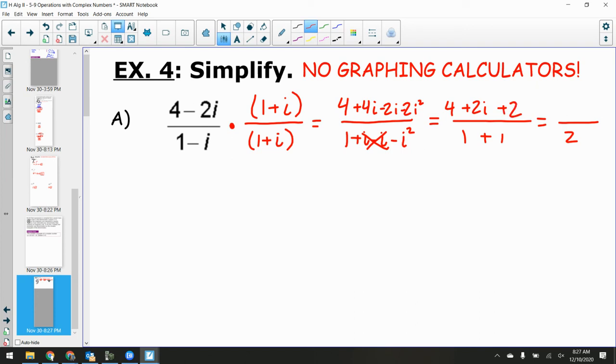Change the sign because it's an i squared. 6 plus 2i over 2. Question? Why is it 1 plus 1, not minus 1? Because this is a negative 1. Oh, it's already negative. Okay, I see. Be careful, I can reduce that. 3 plus i. Divide left and right side by 2.